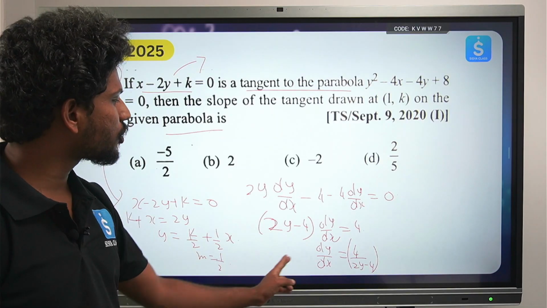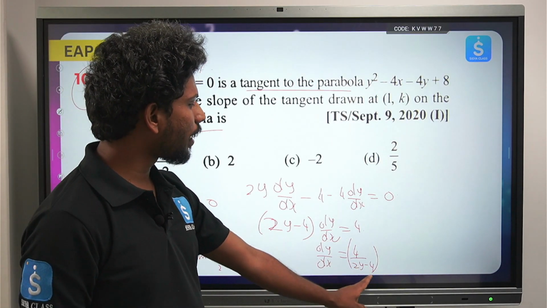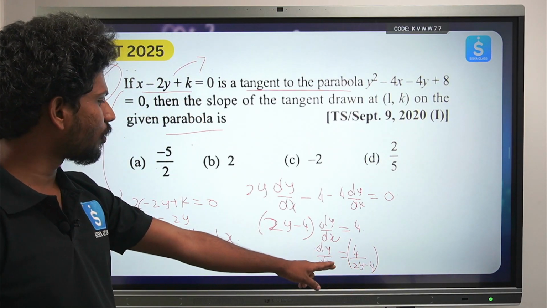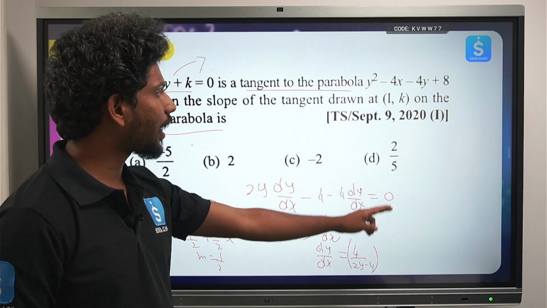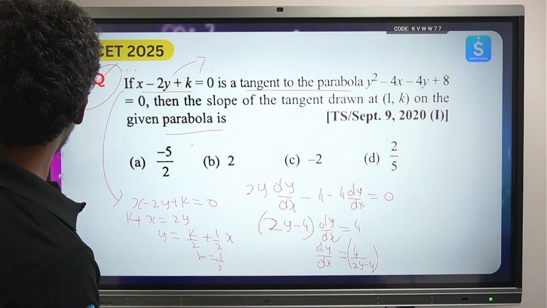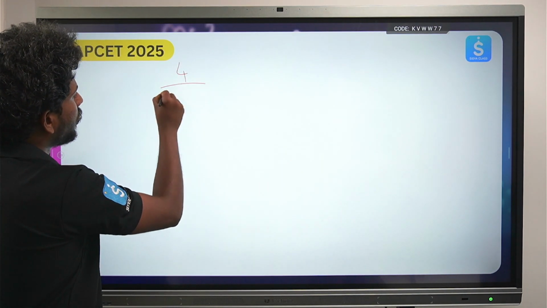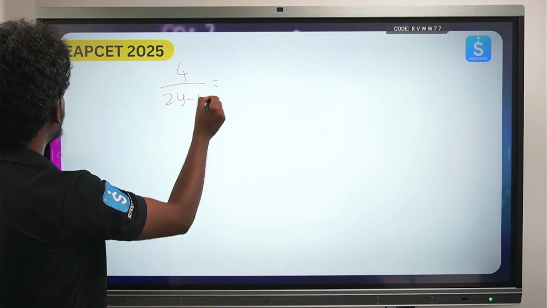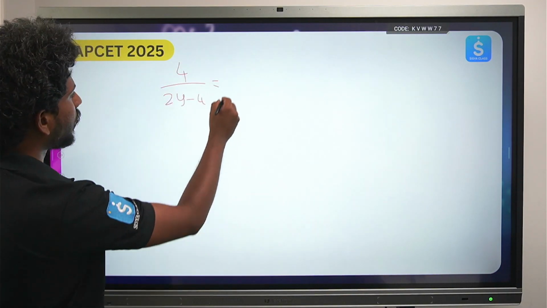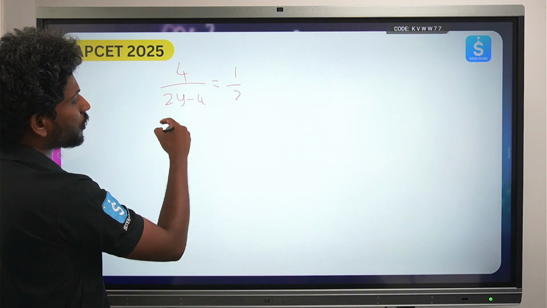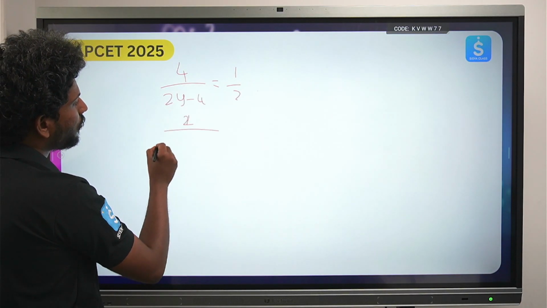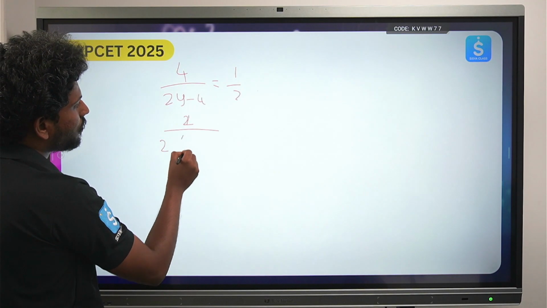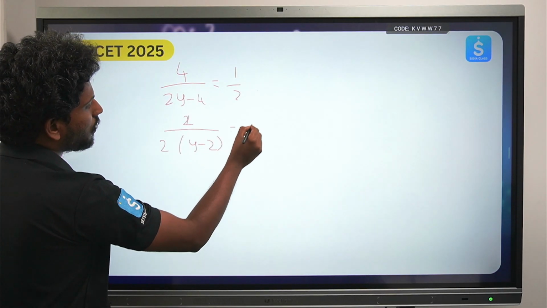These two values should be equal, 4 by (2y minus 4) and 1 by 2, because they represent the same line, so the slope is the same. Then try to find the value of y. So 4 by (2y minus 4) equals 1 by 2. From here I can write it as 2 times (y minus 2) equals 1 by 2.